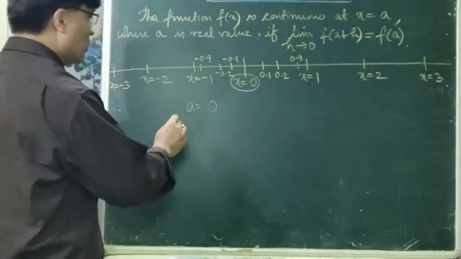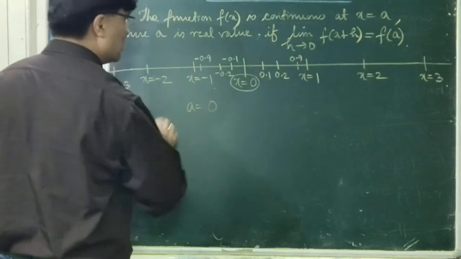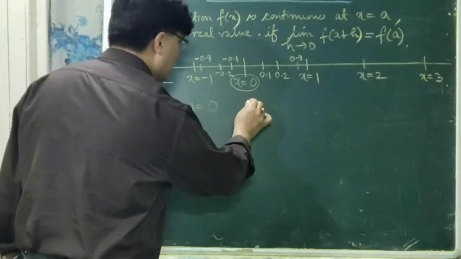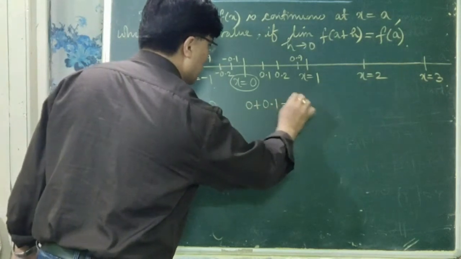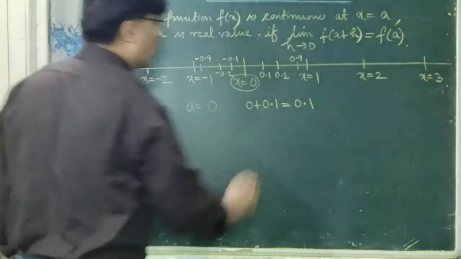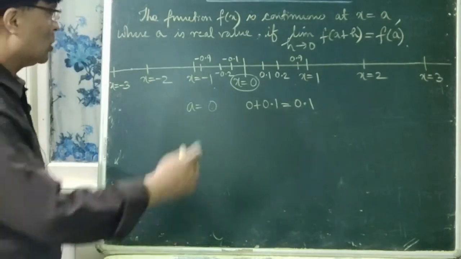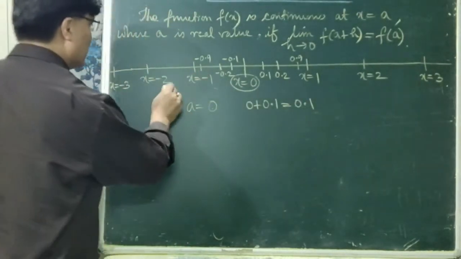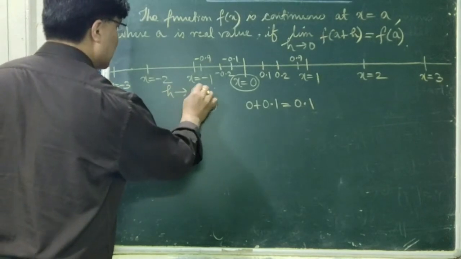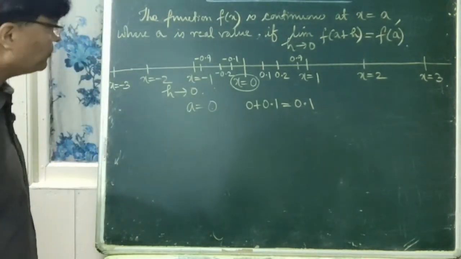Is that clear? We are taking here a is equal to 0. So now 0 plus 0.1 is equal to, how much? 0.1. So we are approaching a, which is 0. h is tending towards 0 now.